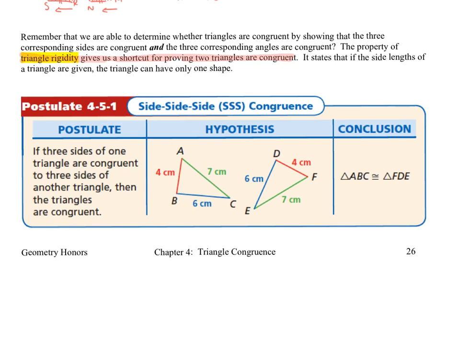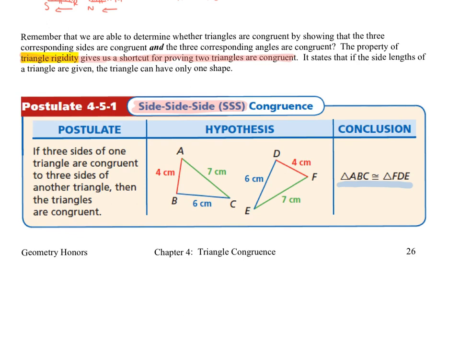So our first shortcut is SSS. If we know that all three sides of one triangle are congruent to all three sides of the other, then we know that the triangles are congruent. And therefore, after we know that they're congruent, we could then say, like, angle A is now congruent to angle F, or angle B is now congruent to angle D, which is in a later chapter.